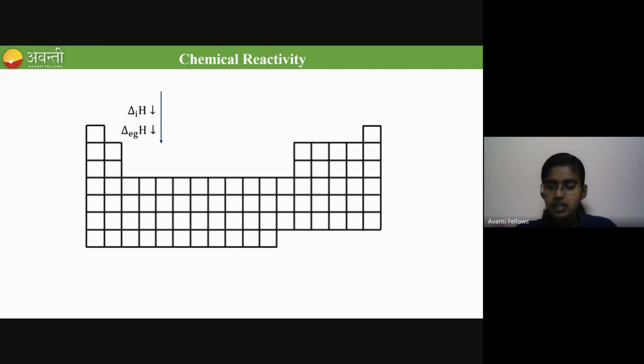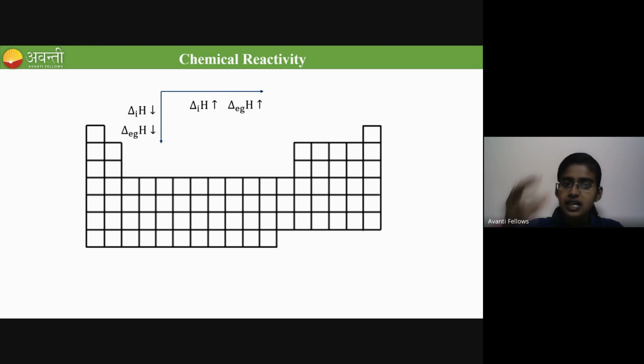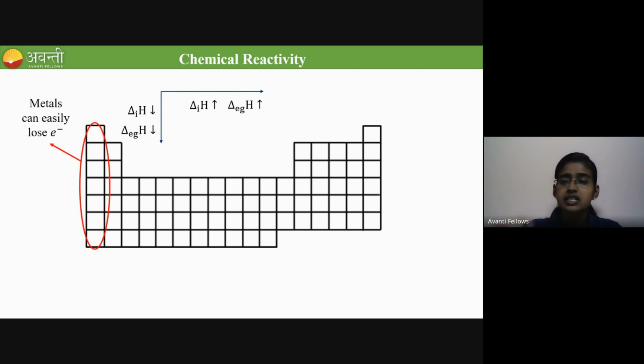Across the period, both of these properties increase. The decrease on moving down the group indicates that the metals can easily lose the electron. If the ionization energy is very, very less, it denotes that we can easily remove the electron, right?